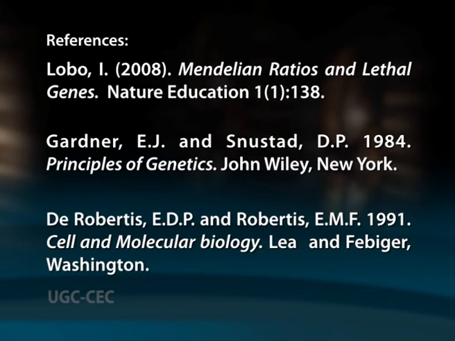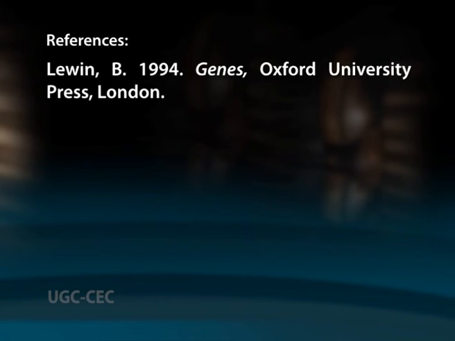The third book is entitled Cell and Molecular Biology, written by De Robertis and Robertis in the year 1991 and published by Lea and Febiger, Washington. The fourth book is entitled Genes, written by Lewin in the year 1994 and published by Oxford University Press, London.